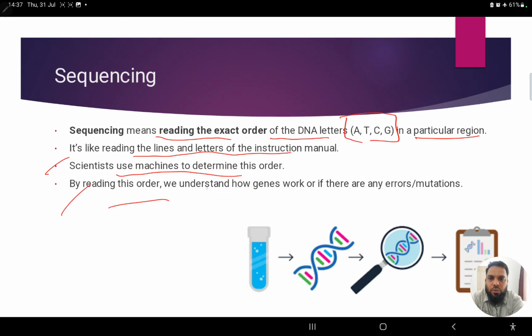By reading this order, we understand how genes work, and if there are any errors or mutations happening within the genes. I hope you are getting the concept, right? Because only if we read the instruction manual from start to end completely can we grasp the idea. That's the point being delivered over here. Hope you got it.